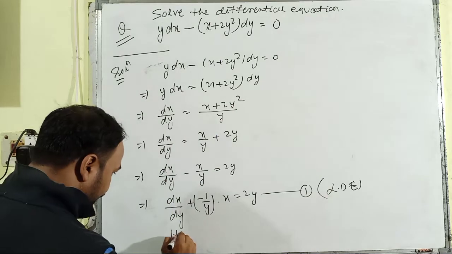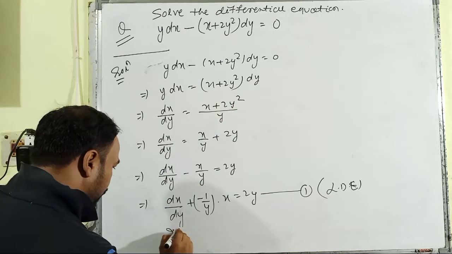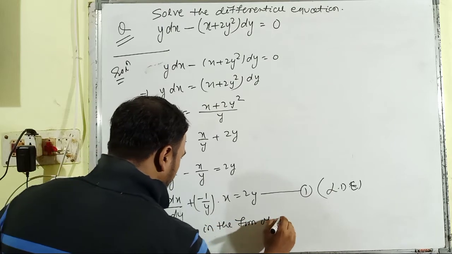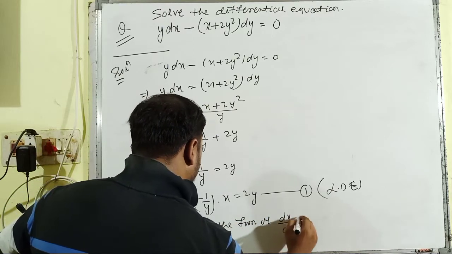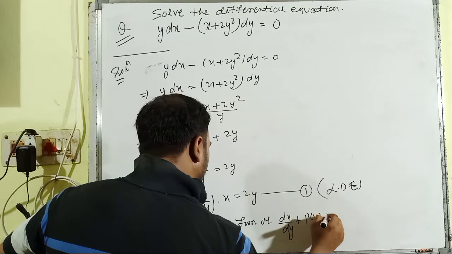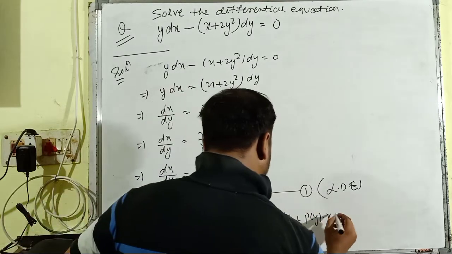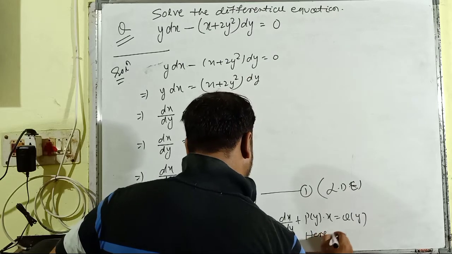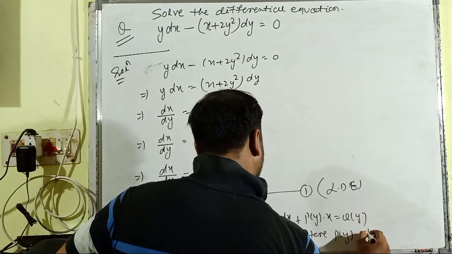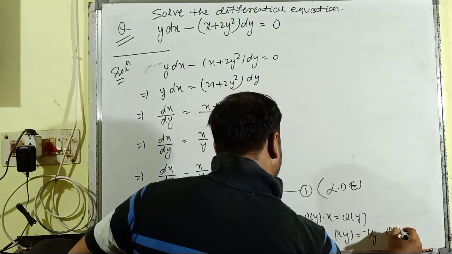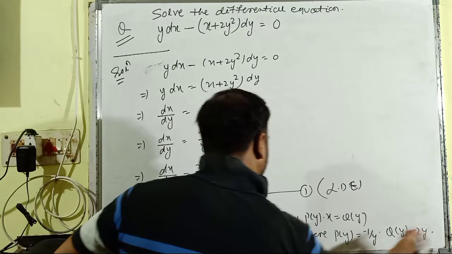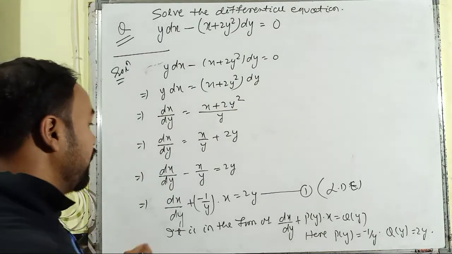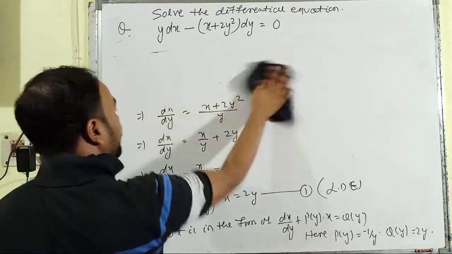Here it is in the form dx/dy plus P(y) multiplied with x is equal to Q(y). Here P(y) is equal to minus 1 upon y, and Q(y) is 2y. So let us go through the integrating factor.